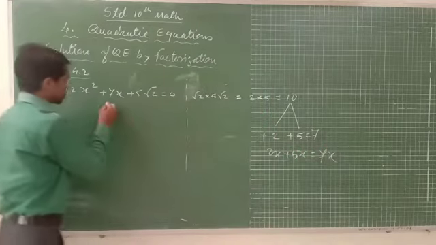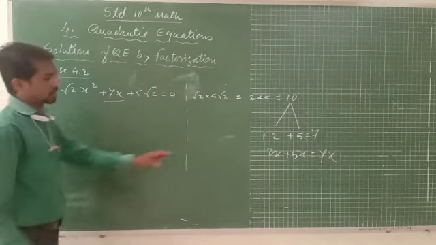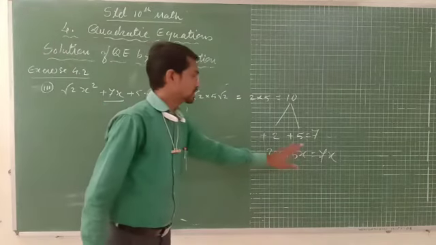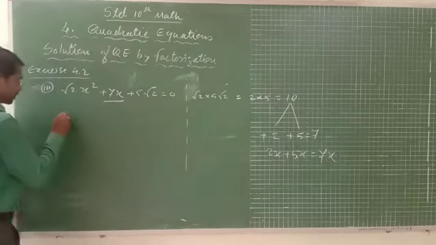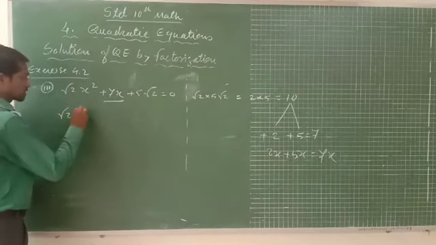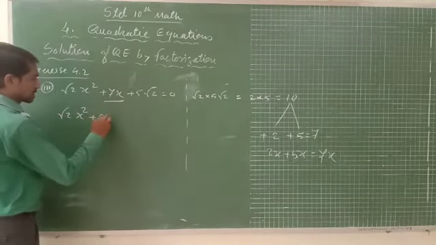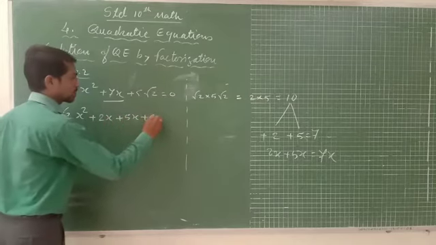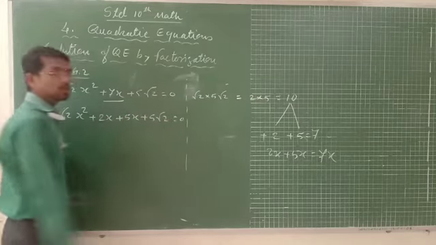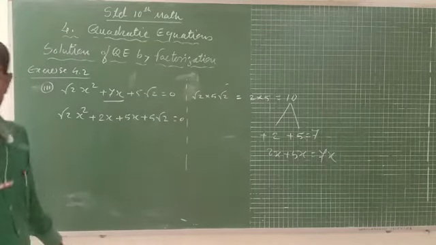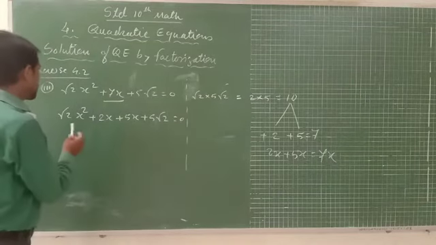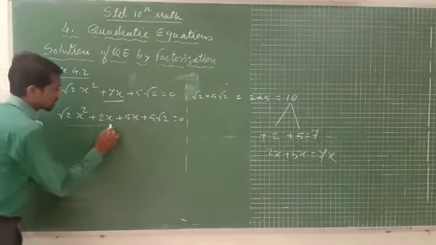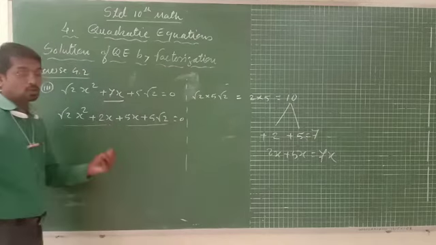Split this 7x. What is that? 2x plus 5x. Okay. See, root 2 x square plus 2x plus 5x plus 5 root 2 is equal to 0. What is the next step of this one? Regrouping the terms.